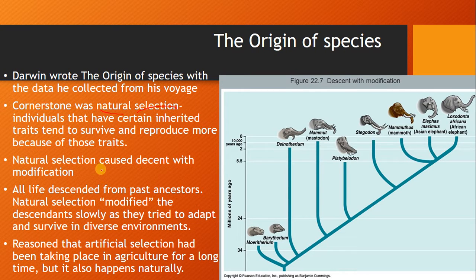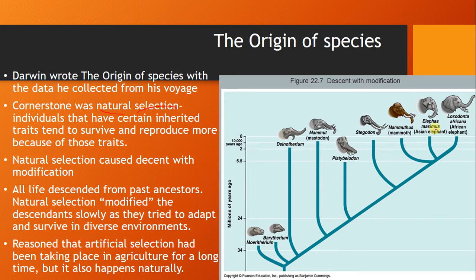That is what natural selection is, and it is what drives descent with modification. That all life descended from past ancestors, and that natural selection is the driver that those modifications begin to slowly accumulate via over time. One of the big examples he used is the modern elephant.